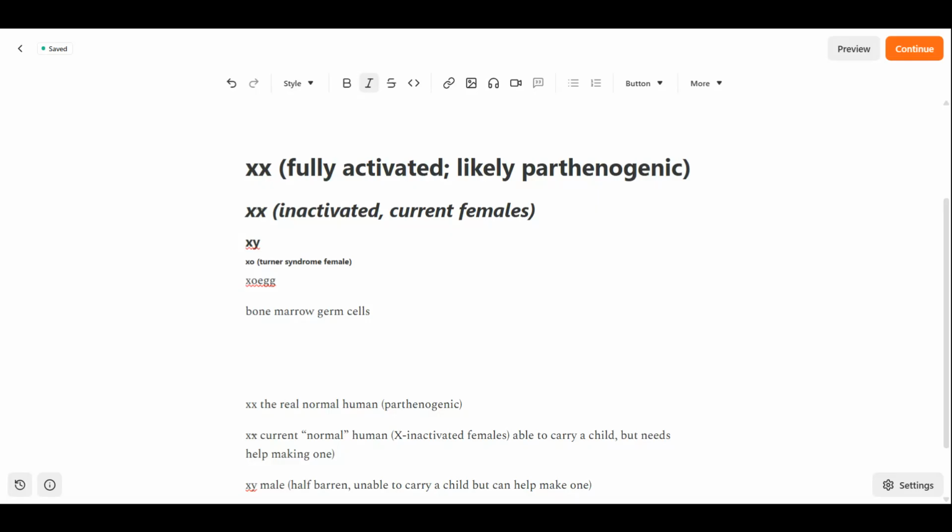That means that this female is unable to have children because she is missing this, because she's not a full organism. And that means that the male, when he is also missing this, he too cannot have children.